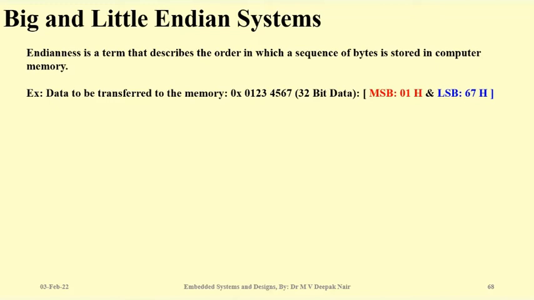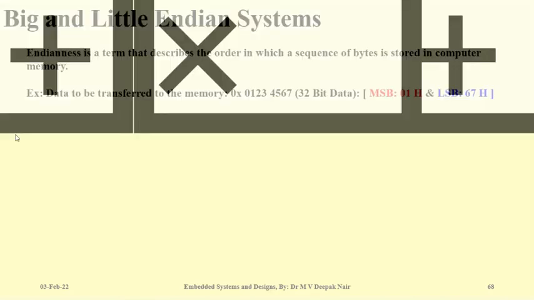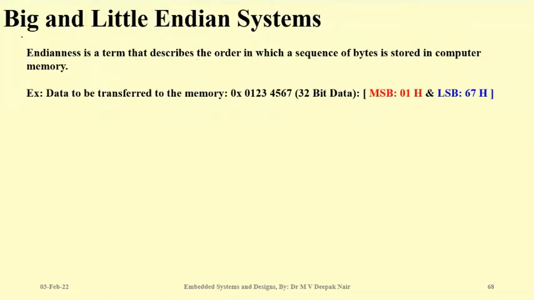Okay, so first of all, I believe most of you might not know about the Big Endian and Little Endian system, or does anyone know the Big Endian and Little Endian system? Have you heard of the Endian system? No, sir. Okay, so different companies, different microcontroller manufacturers follow different Endian systems.